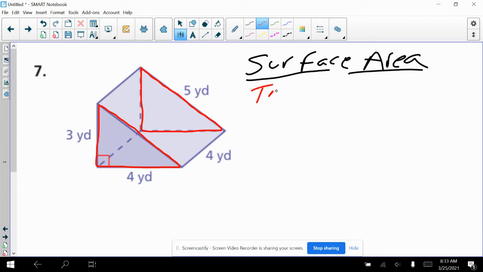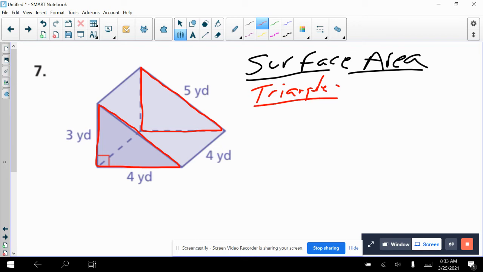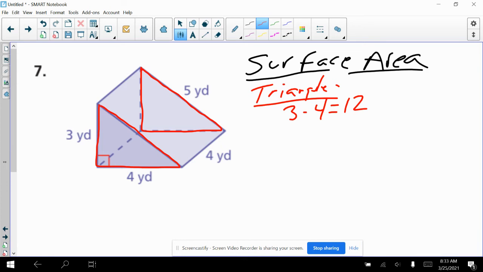Okay, so the triangle is what? What are we going to multiply together? Go ahead. All right, 3 times 4. So our area of the triangle is 12, yes? Ooh, Emma, why no? Yes.